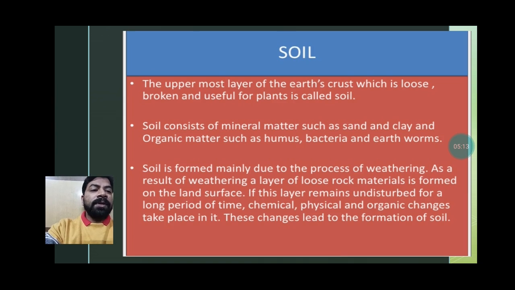These changes lead to the formation of soil. When rivers come down from the mountains, they carry sand and sediments, and when these are left undisturbed for a long period, they convert into soil. Weathering is the process by which rock is broken down, and when rocks come in contact with water or air, they dissolve, break, and convert into soil.